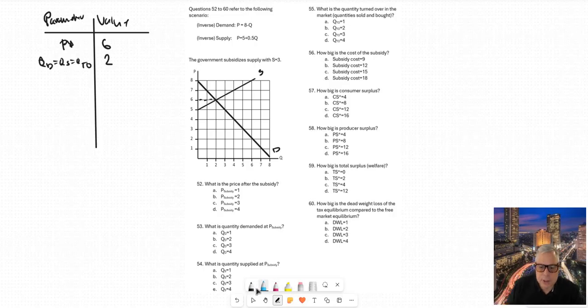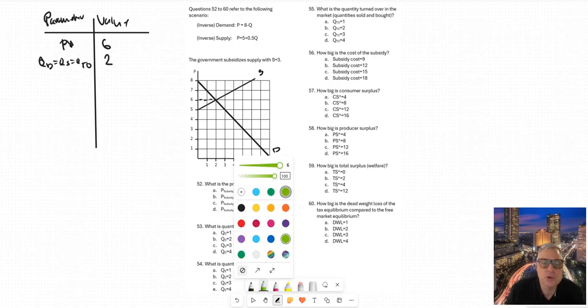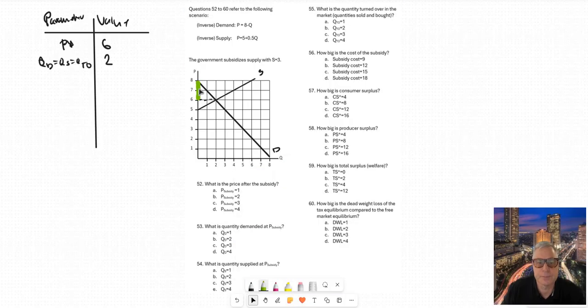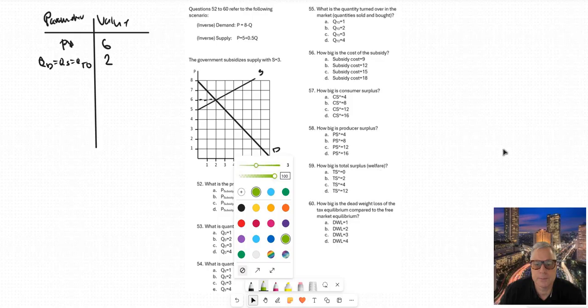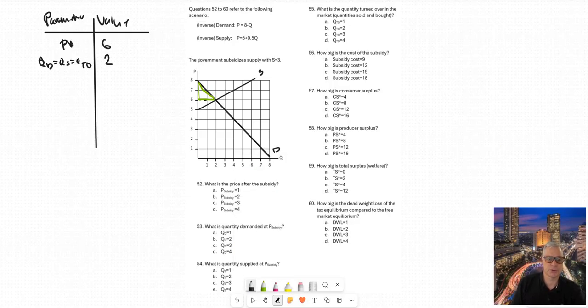Now let's take a look at consumer surplus. So consumer surplus is this triangle, which is 2 times 2, which is 4, over 2, which is 2.